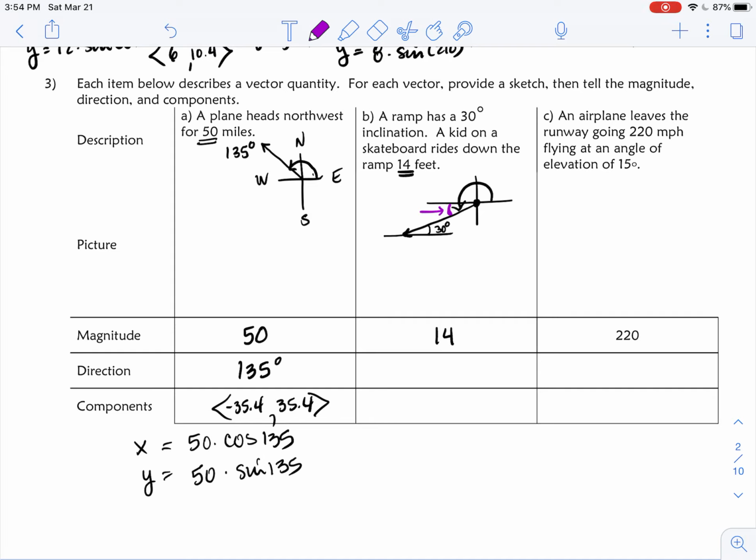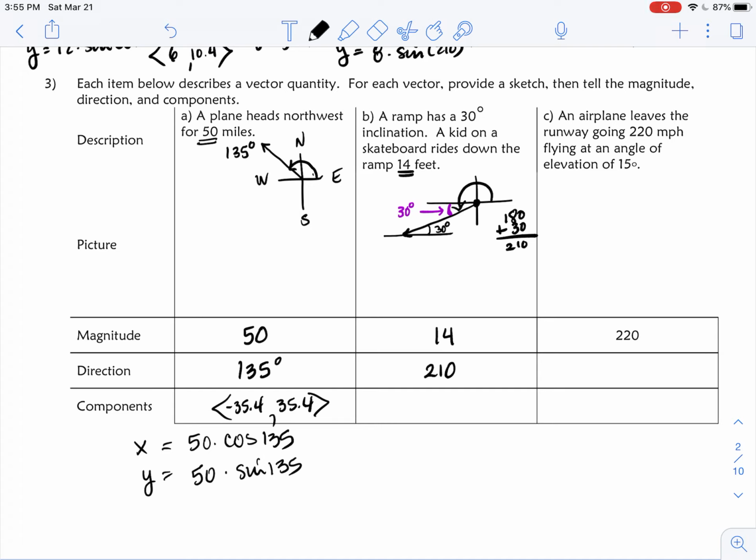Therefore, this angle right here is also 30 degrees. The rotation angle is 180 plus 30. 180 would be the horizontal line, and then we're going to go 30 degrees more, so that means my rotation angle is 210. 180 plus 30.